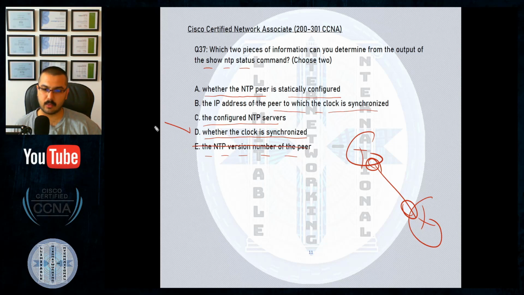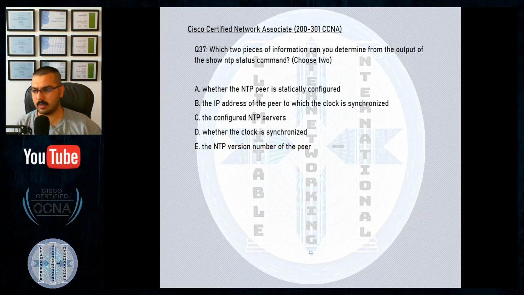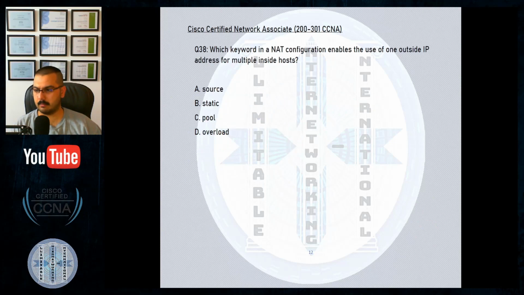This one is incorrect, this one is correct. The IP address of the peer. If I was a client, then it would tell me that I am synced to the server and the IP address of the server is this guy. Yeah, so it will be B. Okay, it will be B because it does show an IP address of that other party.